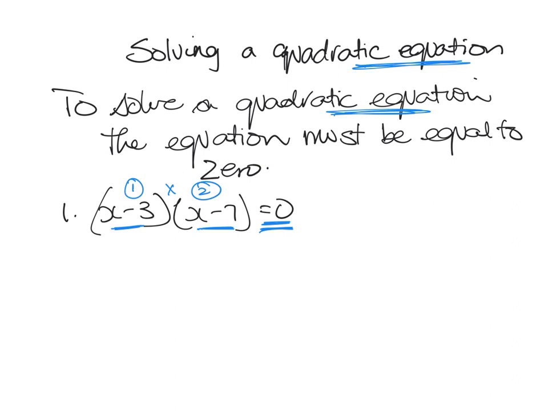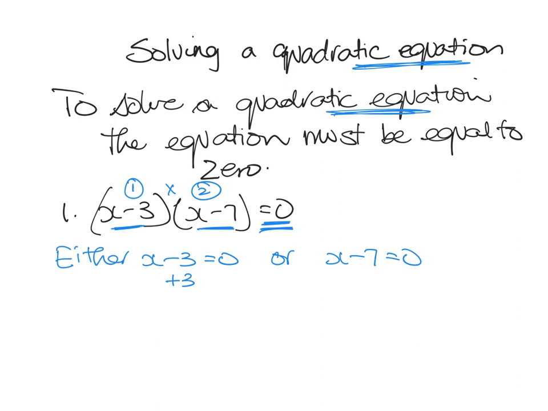It is exactly like that we will state our answer. We would say either x minus 3 equals 0 or x minus 7 equals 0, putting each bracket equal to 0. So now we see we have two one-step equations.